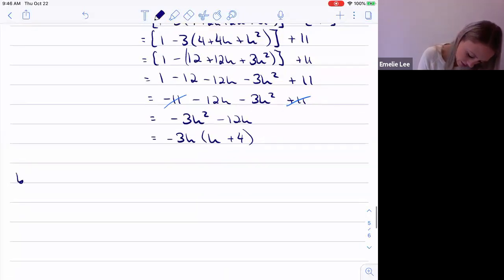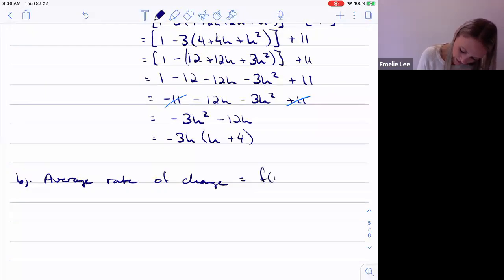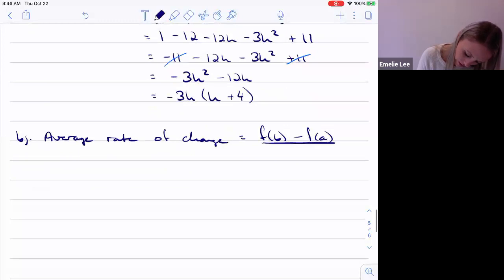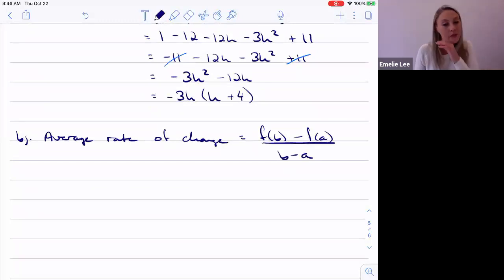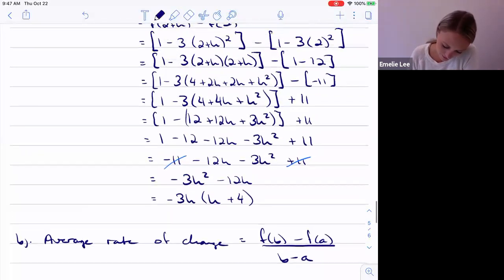So now for part B, sorry, not the net change, we already did that. The average rate of change is f of b minus f of a over b minus a. Now, we just found what f of b minus f of a is, so that's not the hard part.